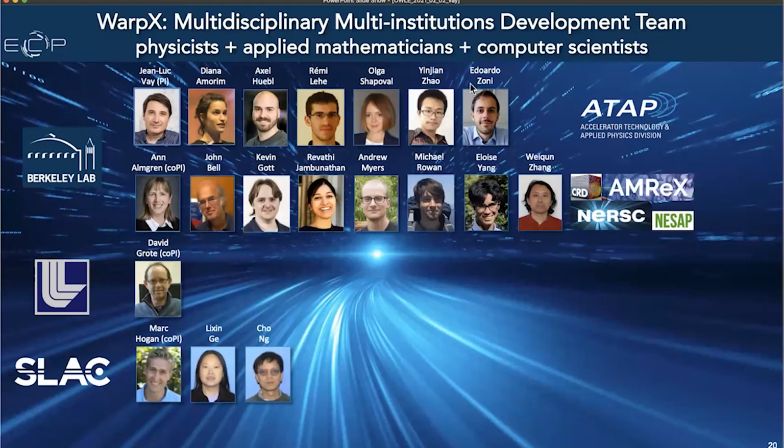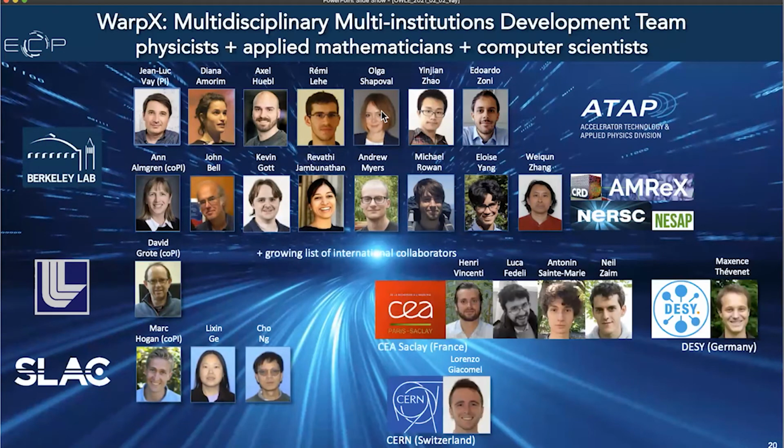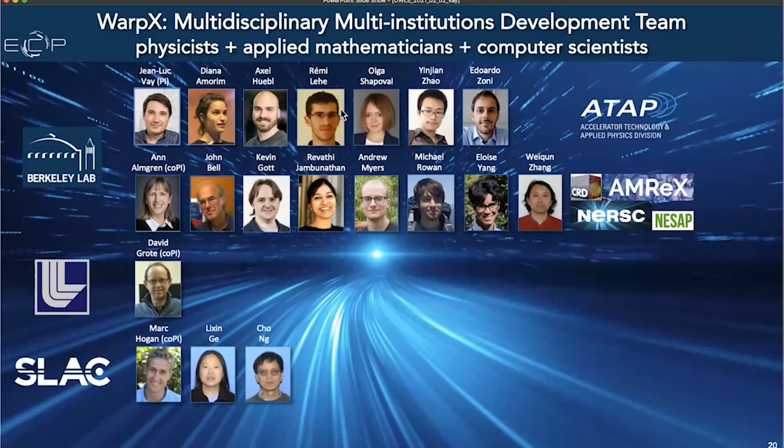As I mentioned, the code is developed by a team that you see here, which is multidisciplinary and multi-institution, with physicists from the Accelerator division at Berkeley Lab, as well as from Livermore and SLAC, as well as applied mathematicians and computer scientists, both from the Accelerator division and from the Computational Research division and the NERSC computer center at Berkeley Lab.